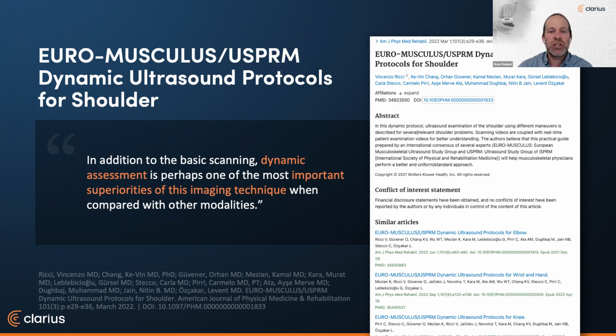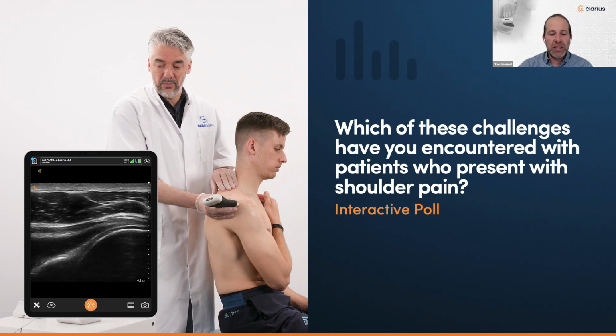And lastly, this position paper from Europe highlights how integration of a dynamic assessment into ultrasound protocols can push the key differentiators for ultrasound as a diagnostic tool. Specifically around the shoulder is one of the places it really shines in this additive ability to do dynamic studies. So before we jump into the deeper topic and learn more how-to, we wanted to put out this poll.